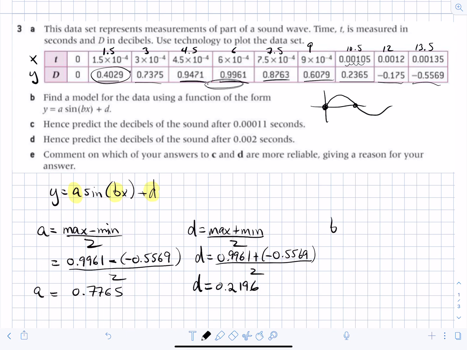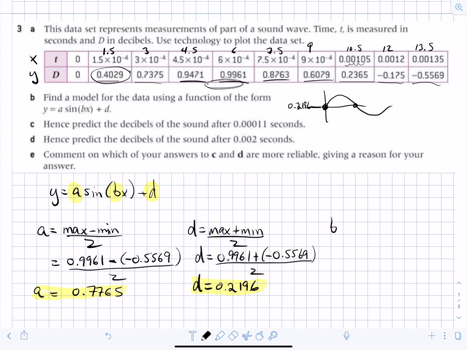And what I'm looking at is these values here. This A is the amplitude, and this is that kind of midpoint. So that midpoint, that D, would be 0.2196. So I'm kind of hoping to see something like that.